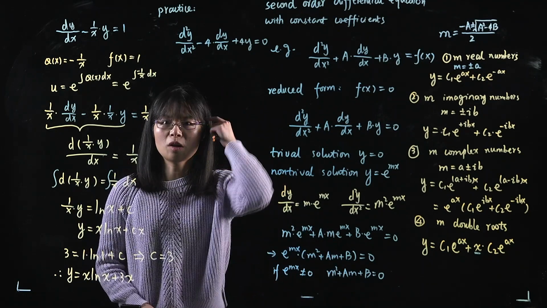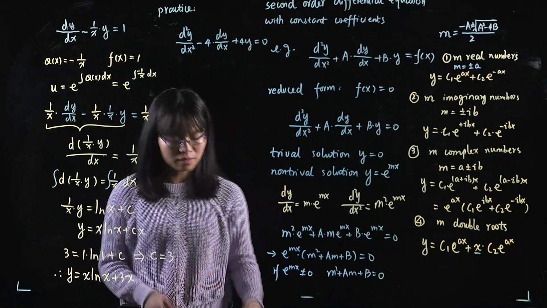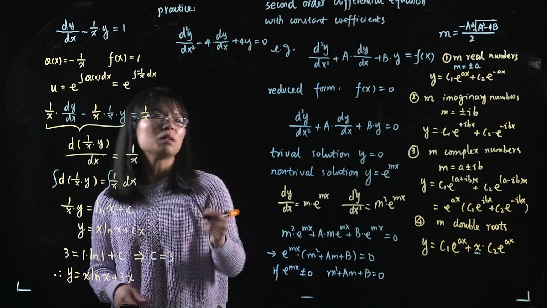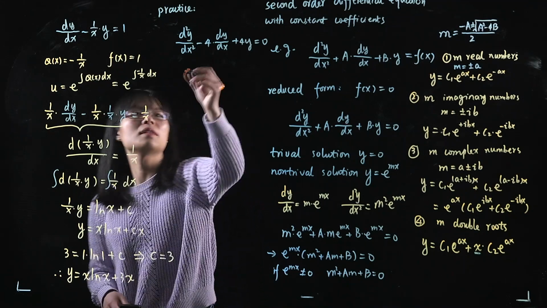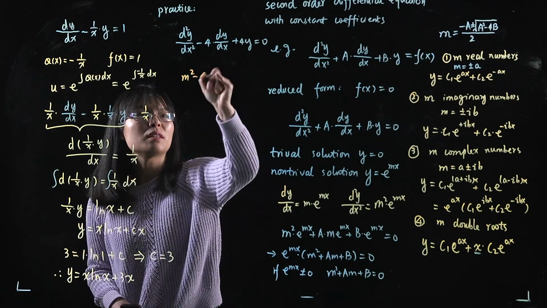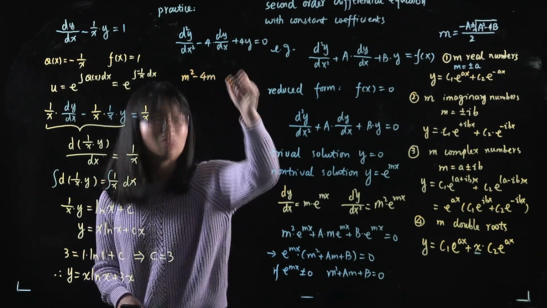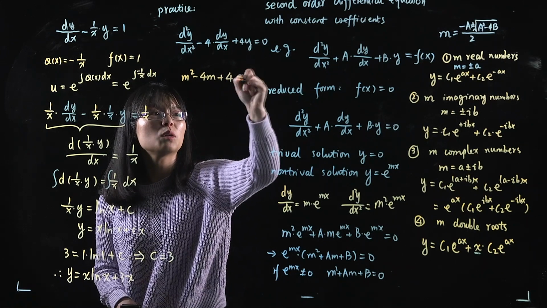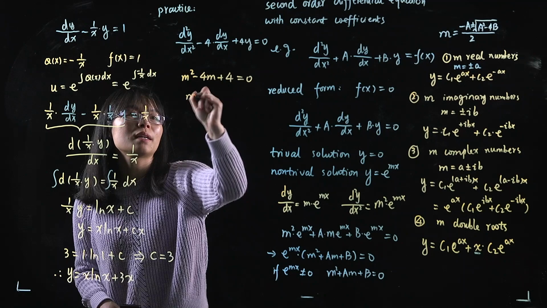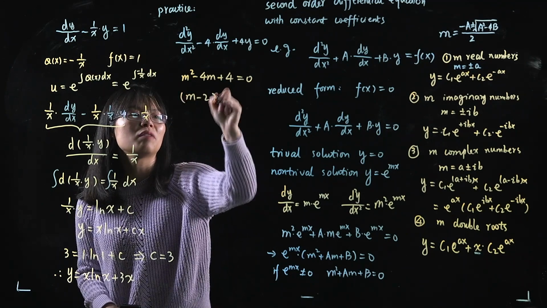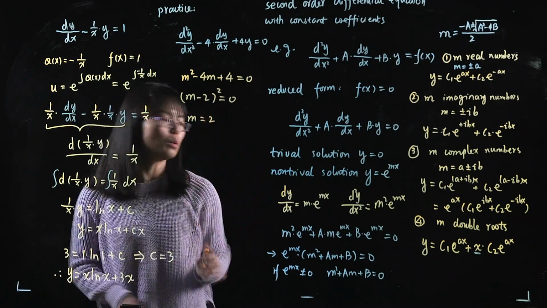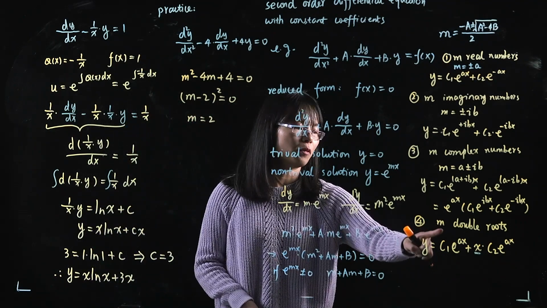Okay, so now you have finished working out the problem, and let's look at the solution together. The auxiliary function for this one should be m squared minus 4m plus 4 equals 0. To solve this quadratic equation, we find m equals 2, which is the fourth scenario.